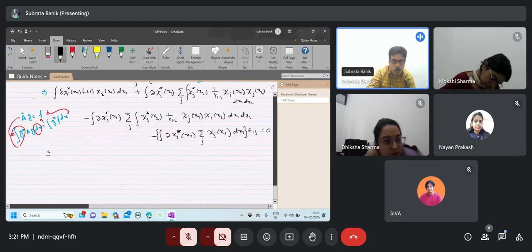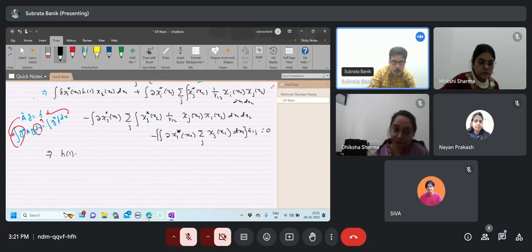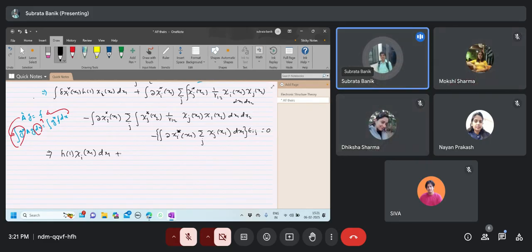Reverse will also hold. So this can be written as h1 of chi I x1 dx1 plus, this integration of that projection is gone.